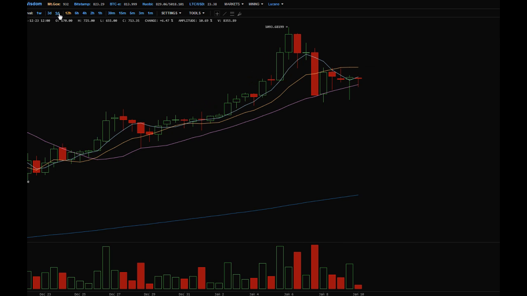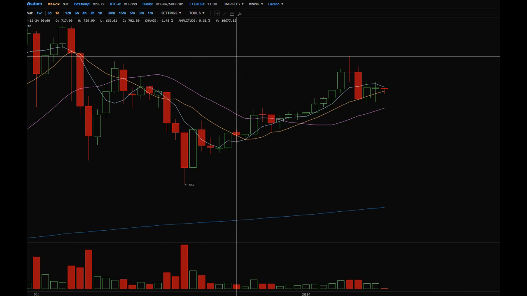Like I said before, we see alignments and coordinations between the daily chart and the 12-hour chart.